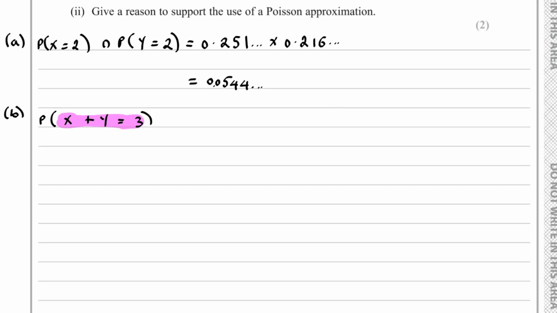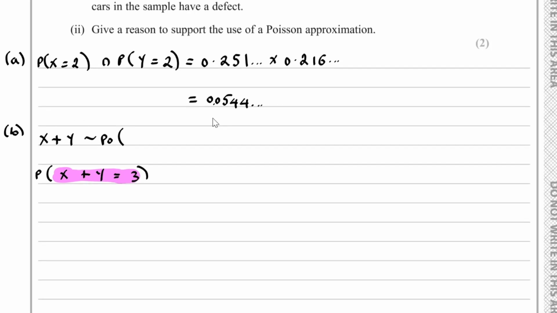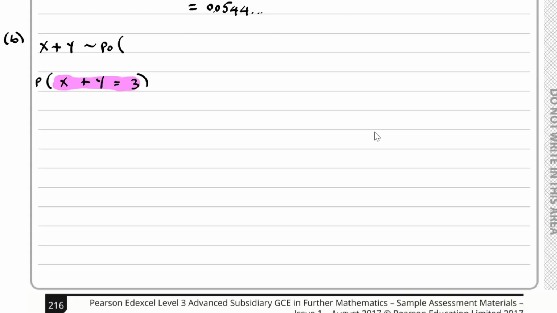What we need to look at is that x plus y has a Poisson distribution with parameter 2.6 plus 1.2, which is 3.8.